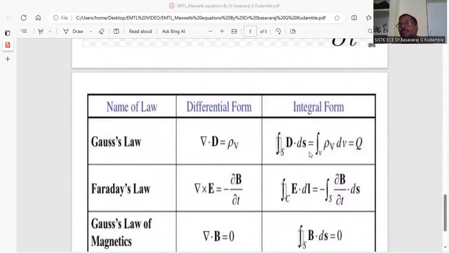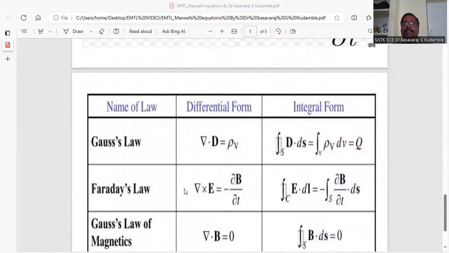It can also be represented in integral form: the integration over a closed surface of D dot ds equals the volume integration of rho v dv, which is equal to the total charge enclosed in that closed surface.